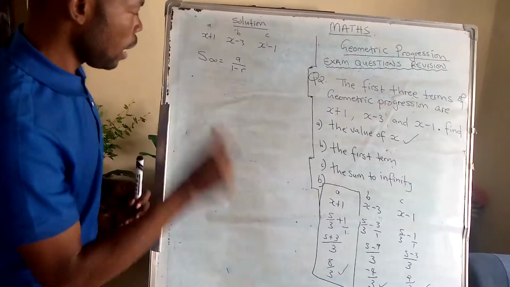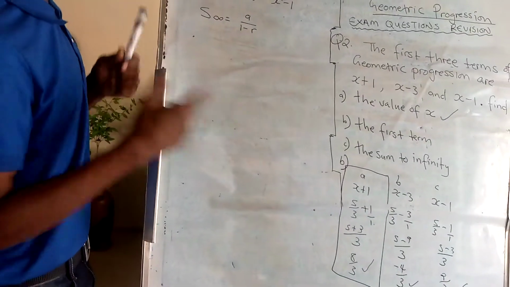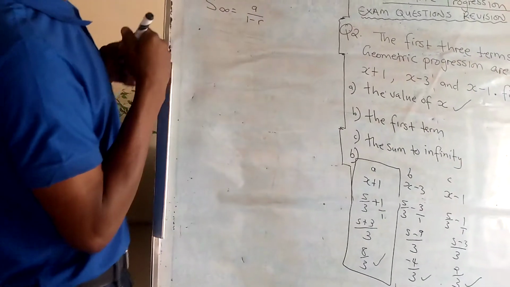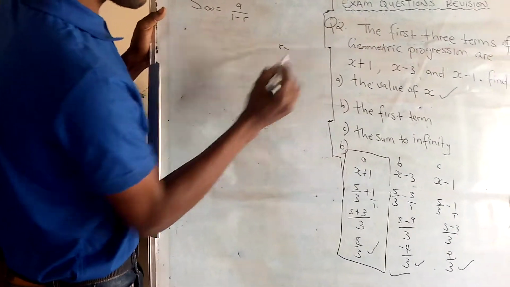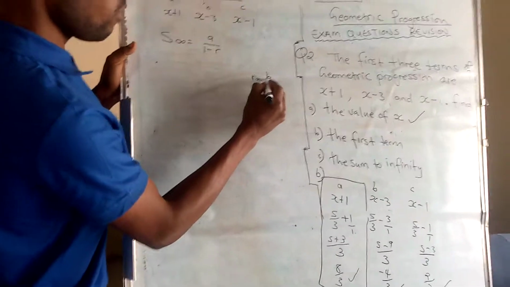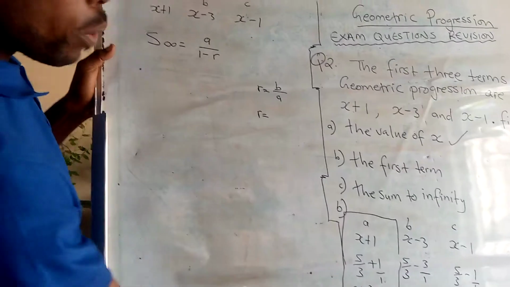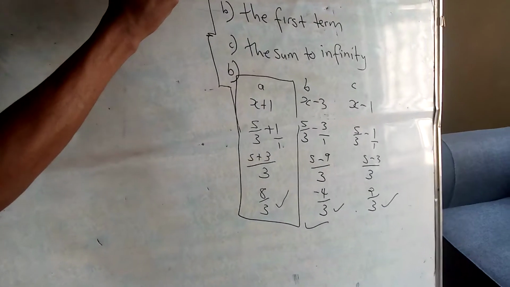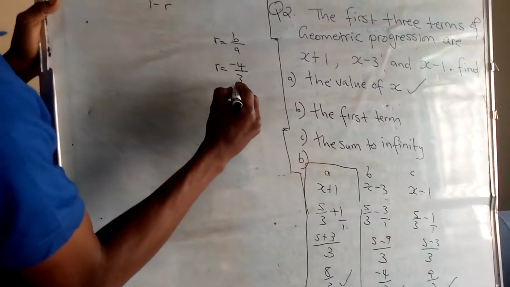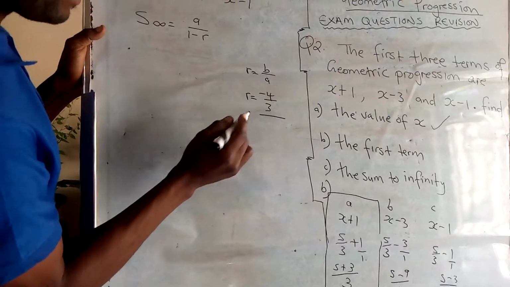Less than 1. So now, how do we find the ratio? First of all, let's find the ratio. The ratio is equal to B over A.